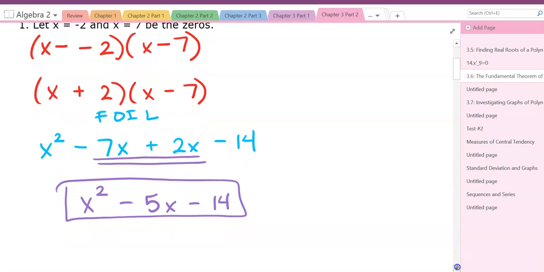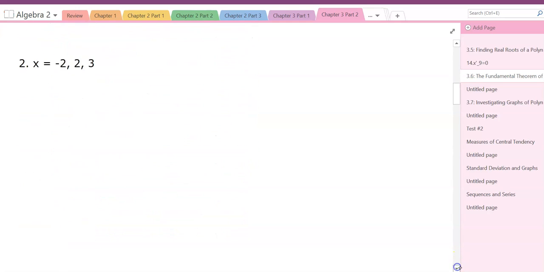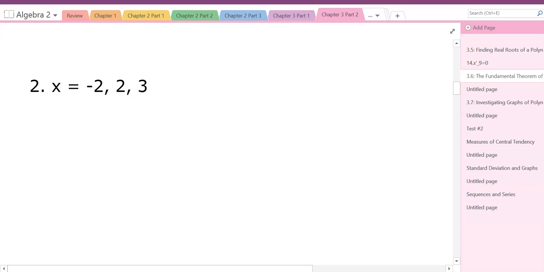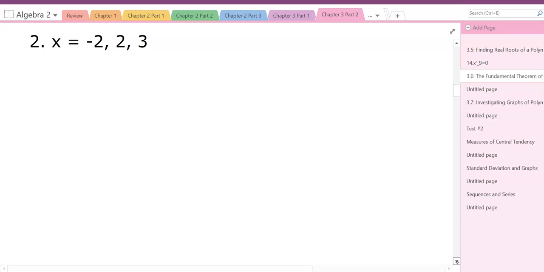So if you look at this next one, we have x equals -2, +2, +3. These would be all of the zeros. So we're going to start it out x minus all of them. And we're going to do this 3 times because there's 3 roots.